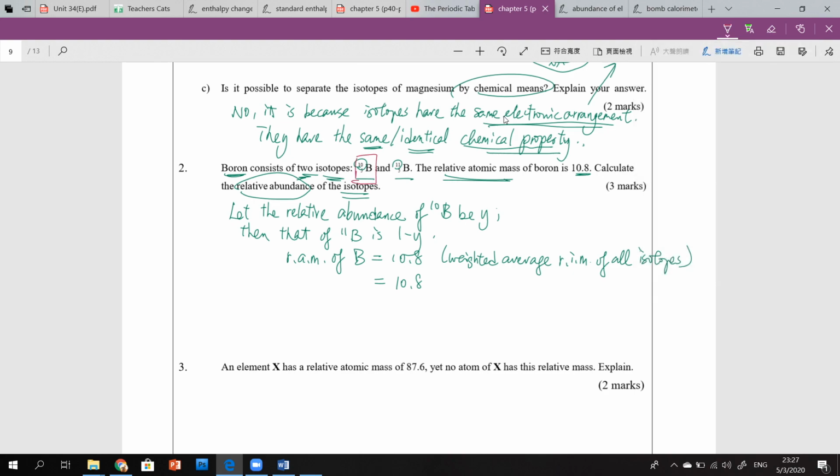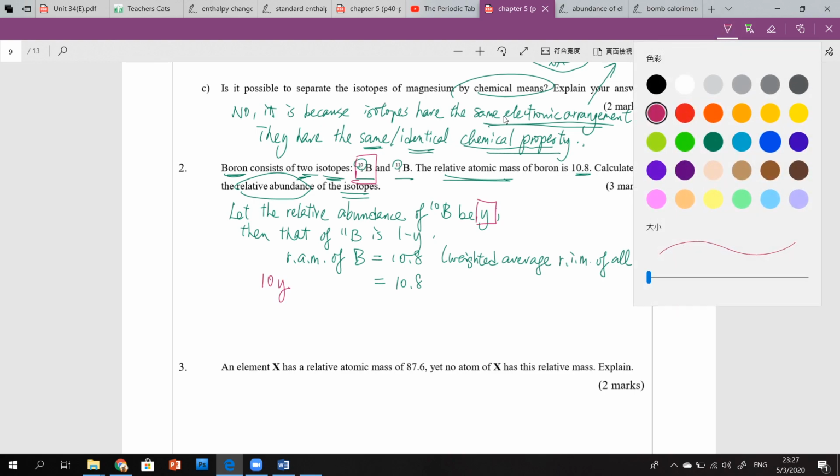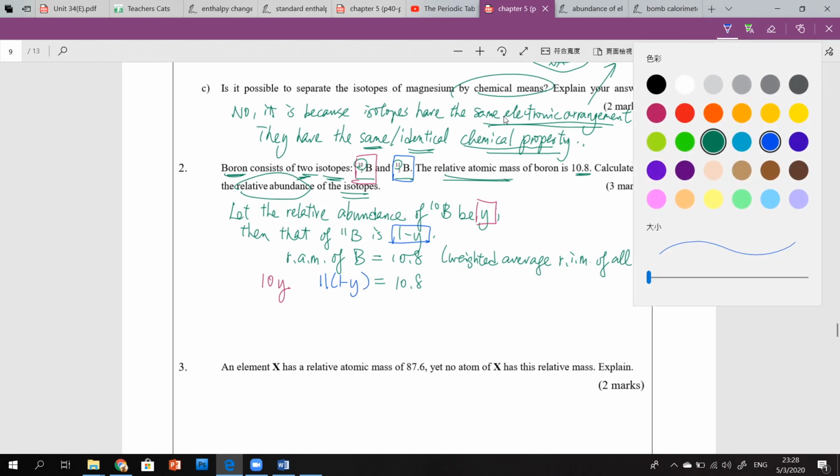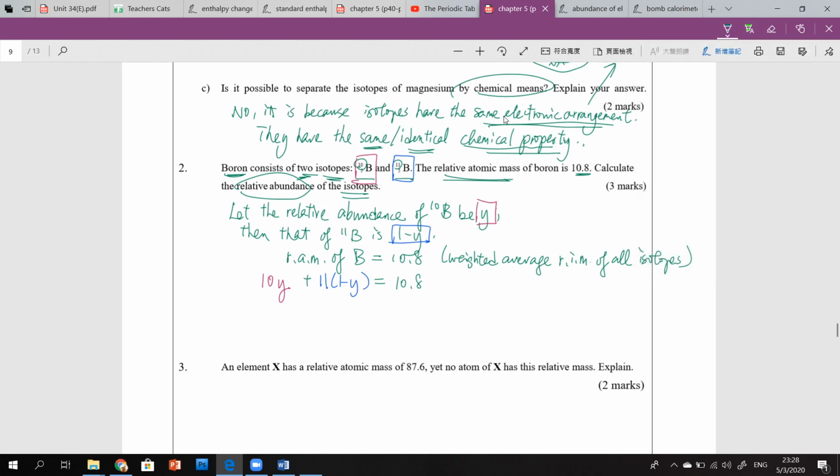Boron-10: 10Y. Then boron-11: 11 times (1 minus Y). You add them together, and you get 10.8. So 10Y plus 11 minus 11Y is equal to 10.8.